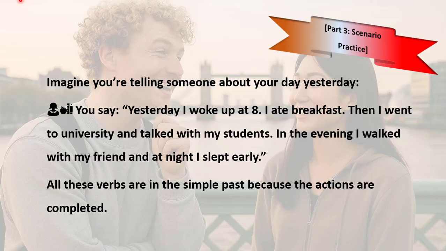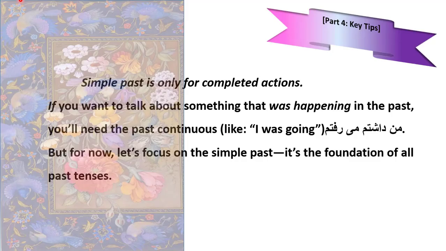All these verbs are in the simple past because the actions are completed in the past. Simple past is only for completed actions. If you want to talk about something that was happening in the past, you will need the past continuous.